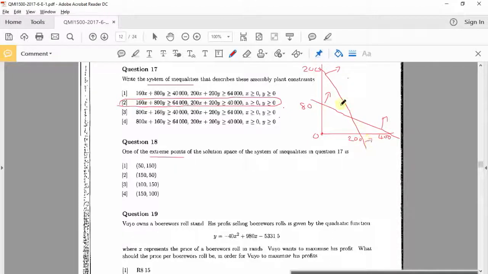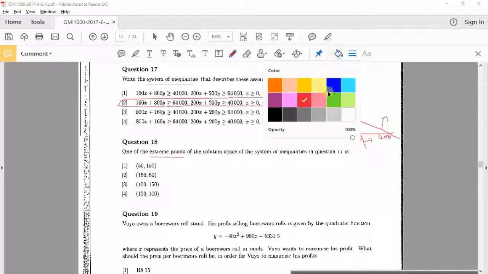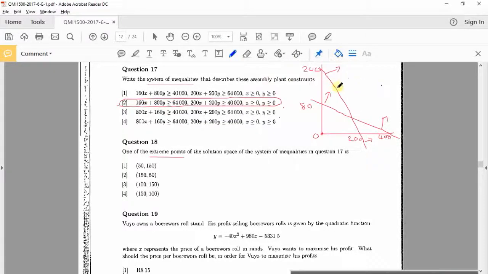No. So we need things on that side of the line. The extreme points would be here. Let's use a different color. If I'm highlighting the feasible region, that's the feasible region.